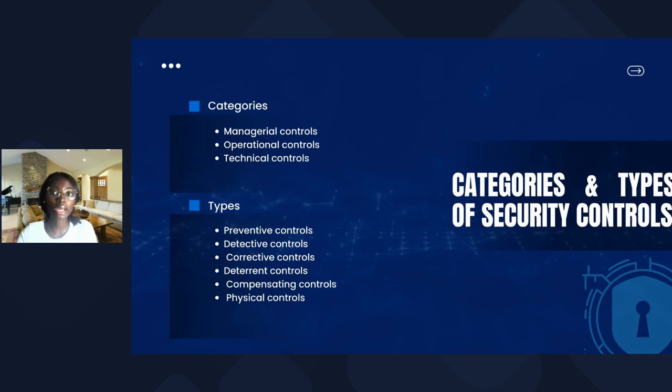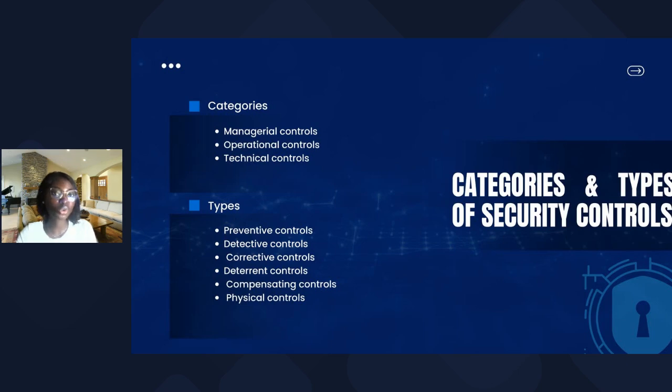On the other hand, types are more like the sub-groups under the security control categories. These are like step by step, focusing on what security controls the organization needs to put in place to achieve its security objectives.